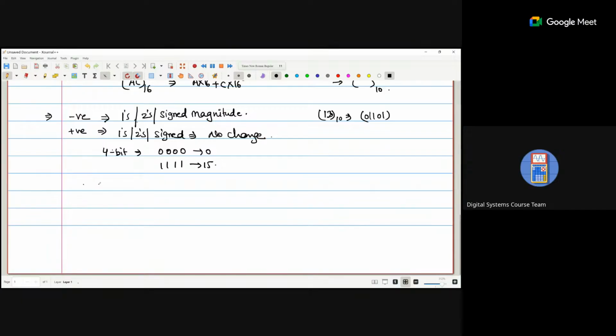But for 1's complement, sign magnitude, or 2's complement, the range changes from negative to positive. With 4 bits, the range is either -8 to +7 or -7 to +7.